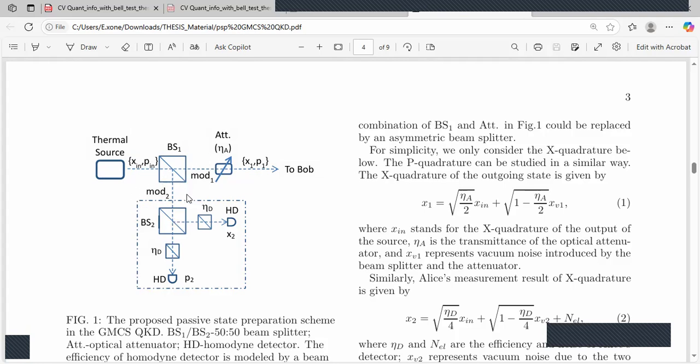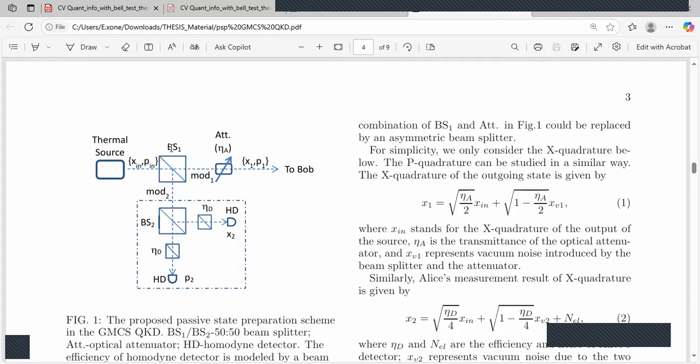Mode 2 Alice uses for her estimation of the outgoing quadrature, and she is employing here the conjugate homodyne detection. And on the Bob side, she's transferring mode 1, that is another spatially separated mode of the incoming thermal state.